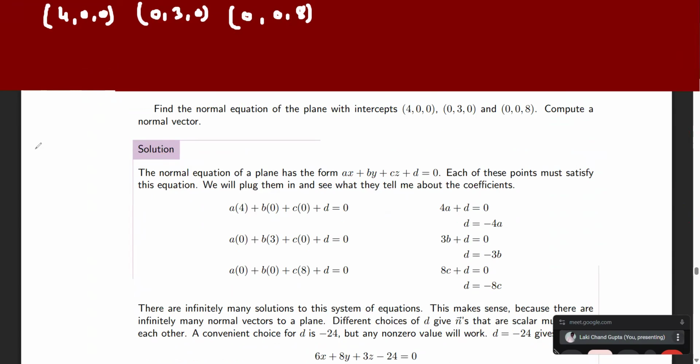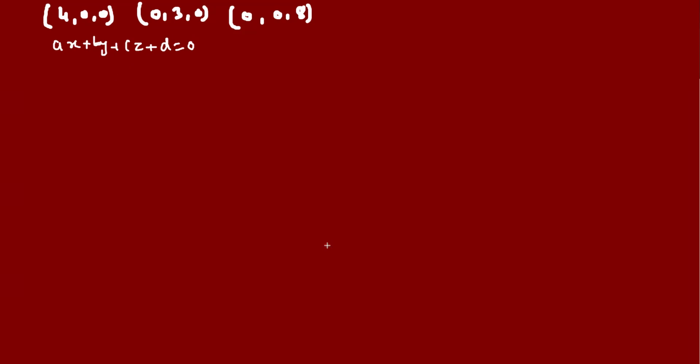The general equation is ax plus by plus cz plus D is equal to 0, right? Put the point (4, 0, 0). This will be 0, right? So D becomes minus 4A.